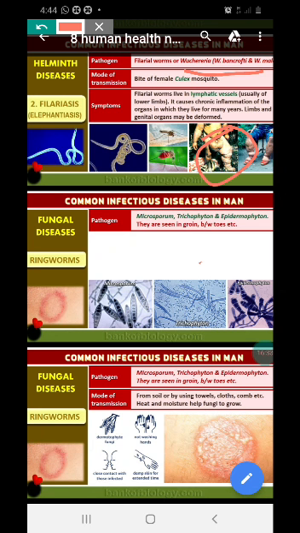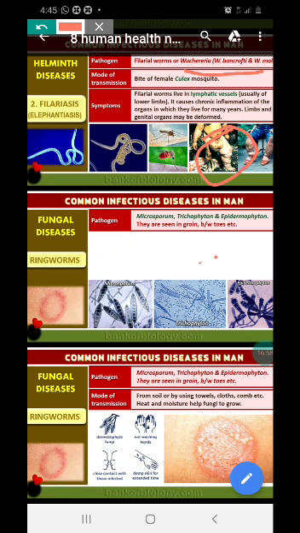Microsporum, Trichophyton, and Epidermophyton. Now, they are seen in the groin and between the toes, mostly wet toes. Moisture is needed for these organisms to grow. So they are present between the toes, between the fingers, and also in the groin.